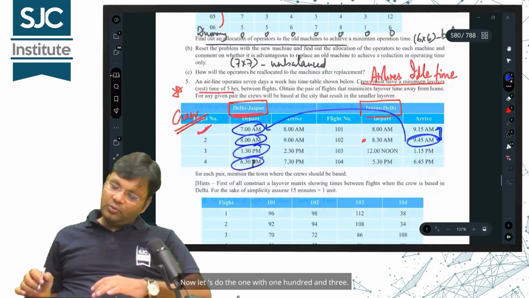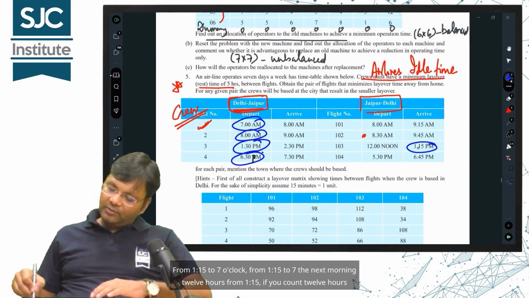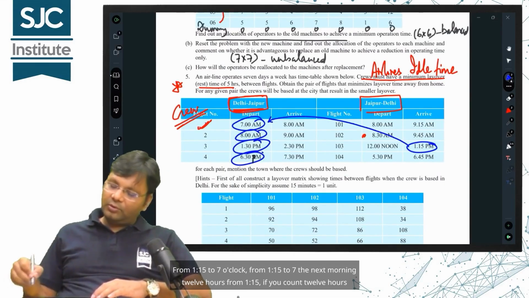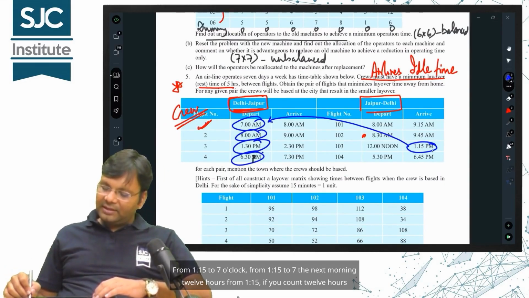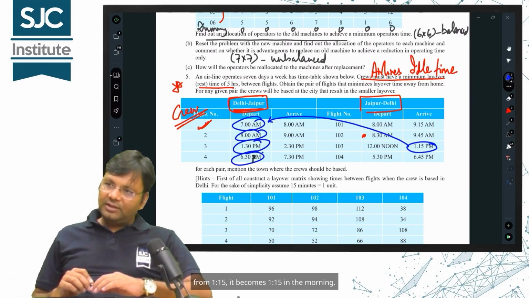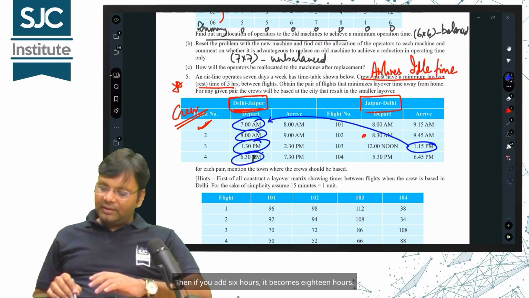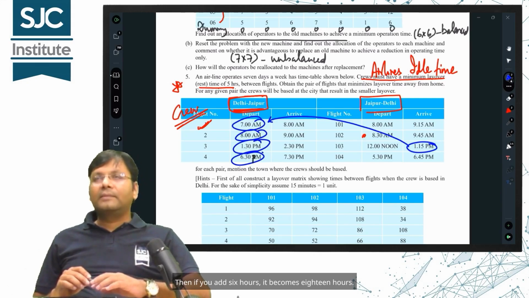Now let's do the one with 103. What is that? From 1:15 to 7 the next morning, 12 hours from 1:15. If you count 12 hours from 1:15, it becomes 1:15 in the morning. Then if you add 6 hours, it becomes 18 hours.